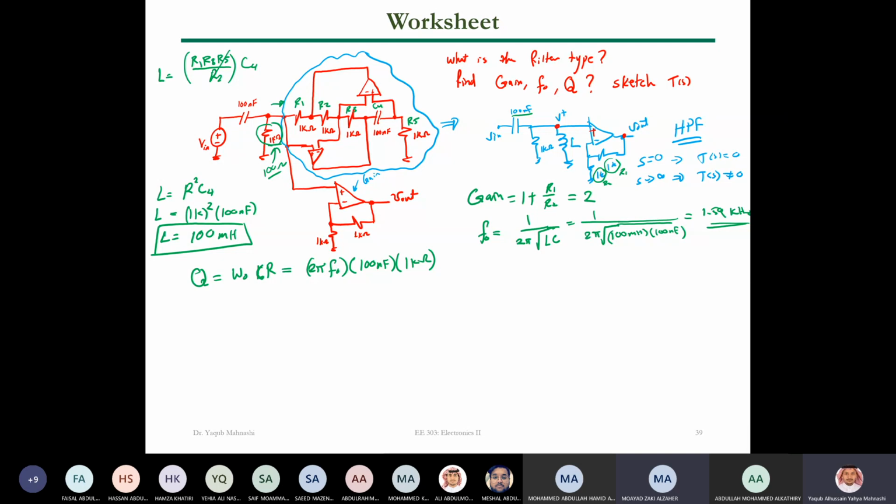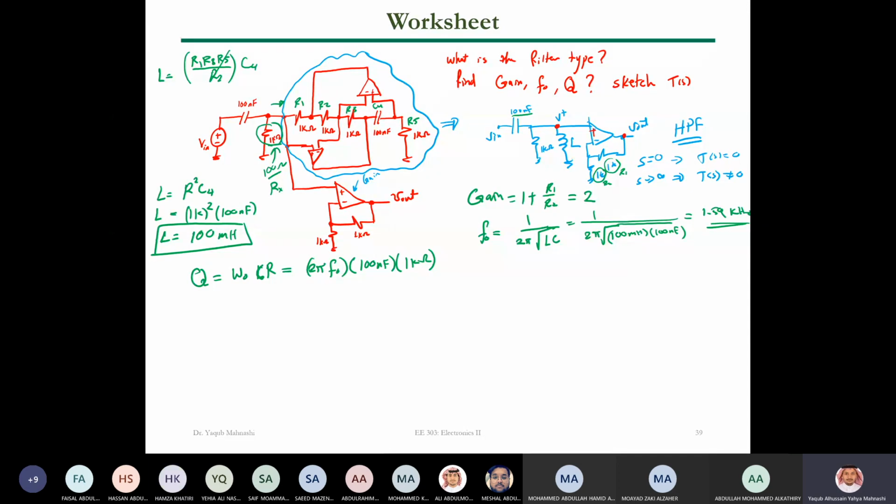If I change, let's call it RX, or if I double RX, what will be the effect on the gain? The same, right? Nothing. What will be the effect on the corner frequency?